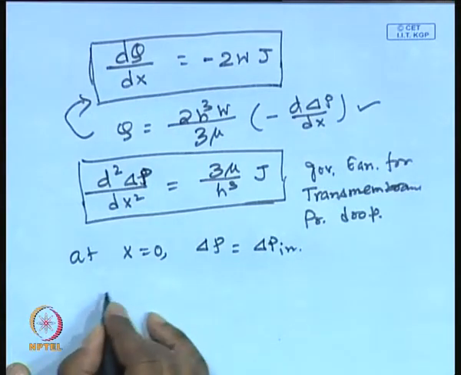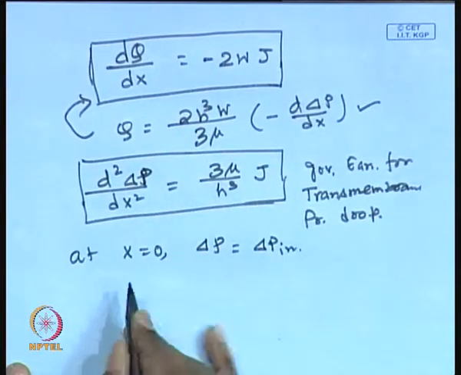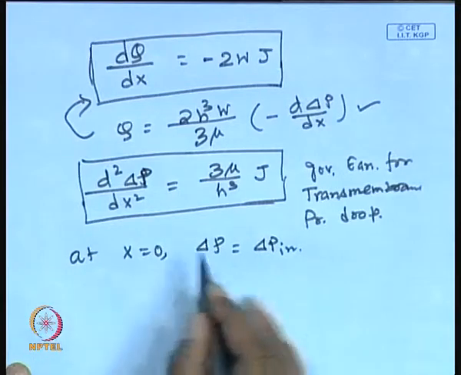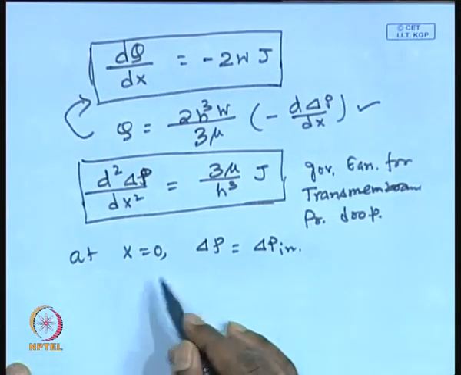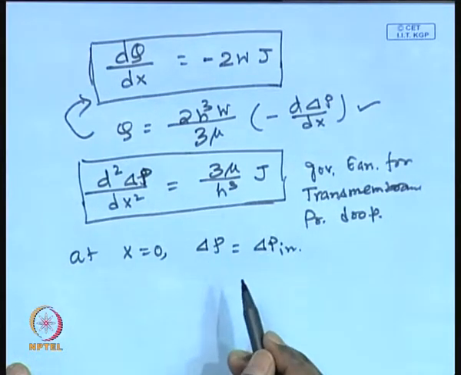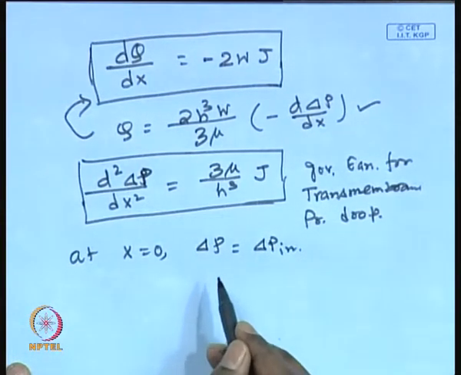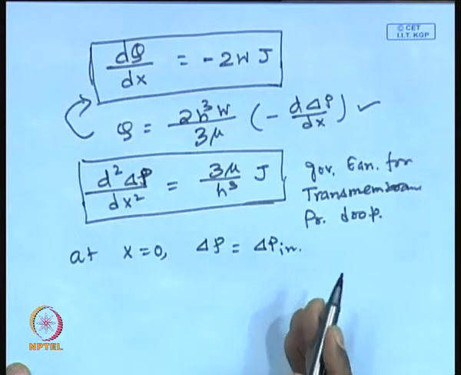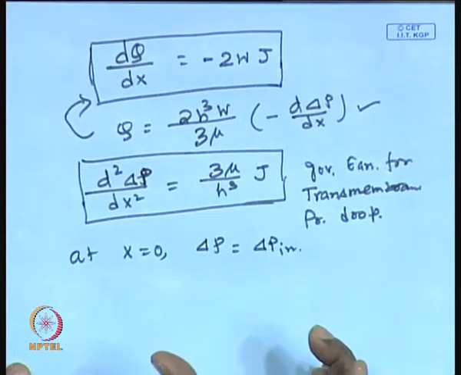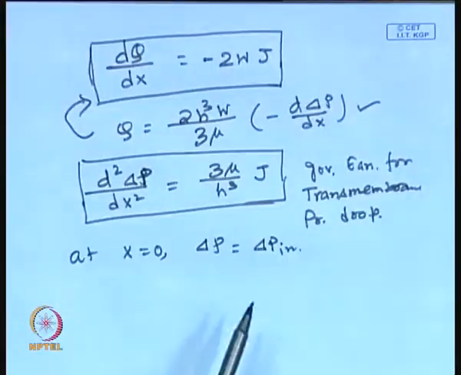You do not know the value of delta p at x is equal to L, because that is the objective of this exercise. What is the delta p at x equal to L, that means at the end of the module, so that you can estimate the total pressure drop over the full length and accordingly design a pump so that the flow rate or the pressure will be maintained inside.